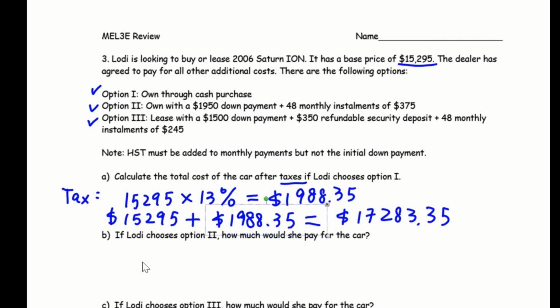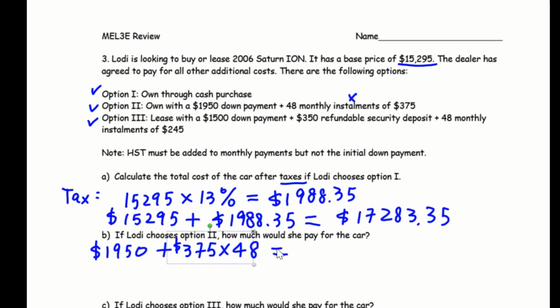For the second option, we are going to see 1,950 down payment, then plus 48 times this one. So each month $375, then unit price times 48. It will give you the total price for the installment times 48.